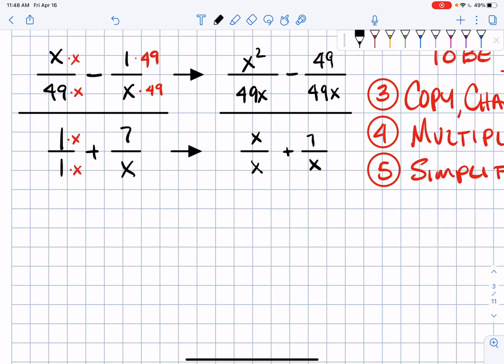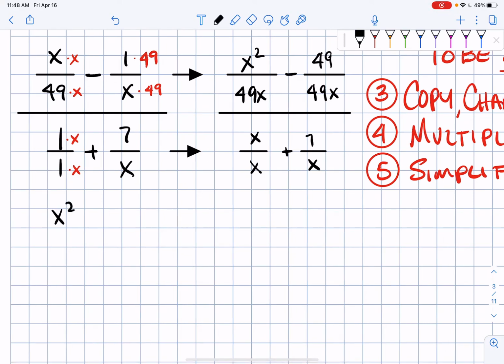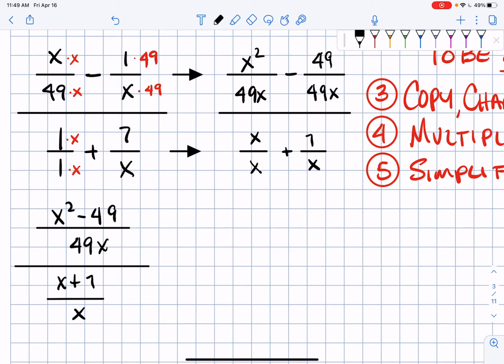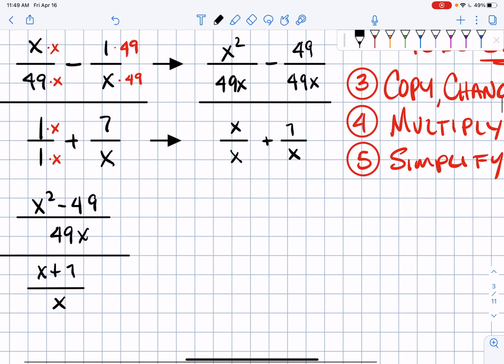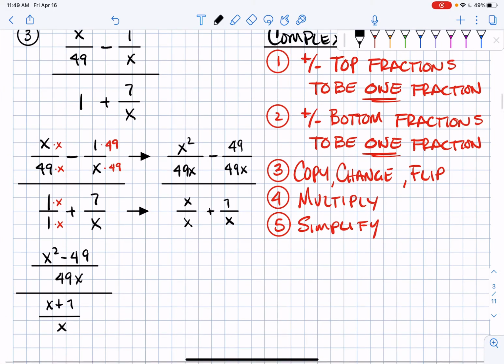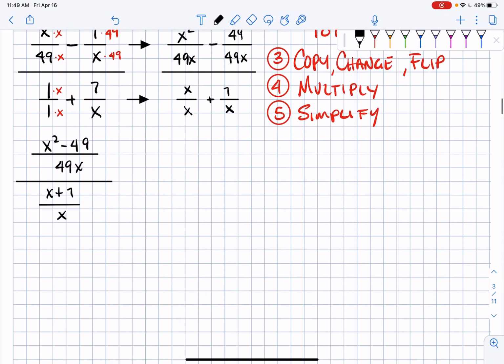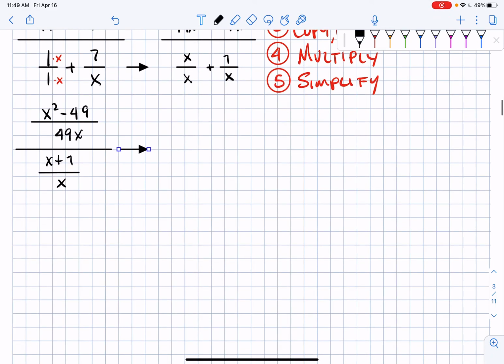So the top is x squared minus 49 over 49x all over x plus 7 over x. All right, so now we have this. Now we can copy, change, flip. That's step 3. So we did step 1 and step 2, right? So step 3 now is to copy, change, flip. So this is now going to go this way. So I'm going to copy the top.